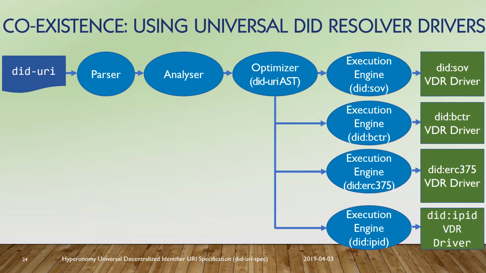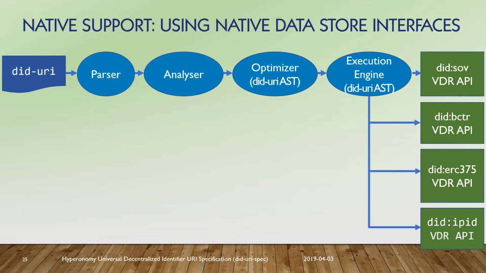Over the course of time, though, you want a native optimizer and a native execution engine that would go directly against those underlying data stores and not necessarily have to go through the did resolver drivers. So that's what we see in this scenario. Each of those underlying data stores has an API.